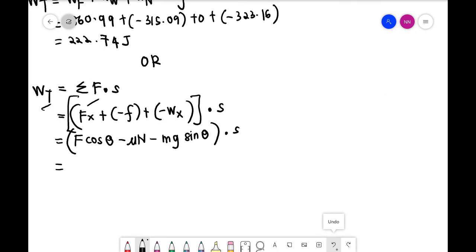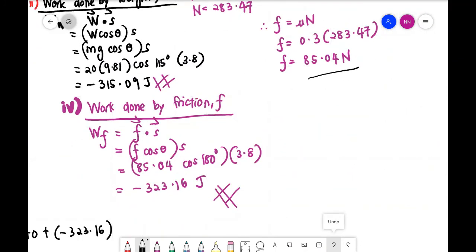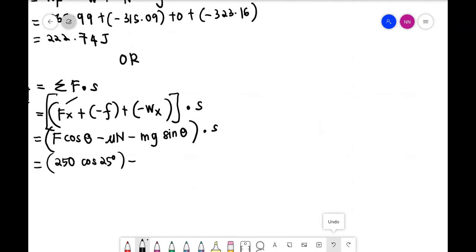F is 250 cos 25 degrees, minus friction, which we already calculated here: 85.04. Minus mg sin theta. M is 20, g is 9.81, sin 25 degrees.